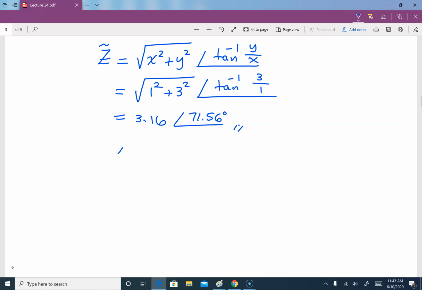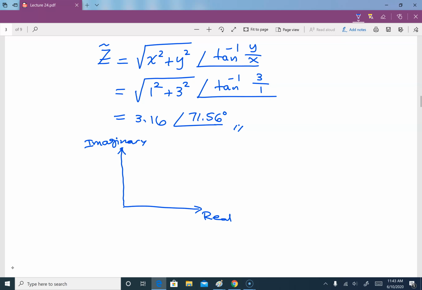And to represent it, this over here is the real axis, and this is the imaginary axis.